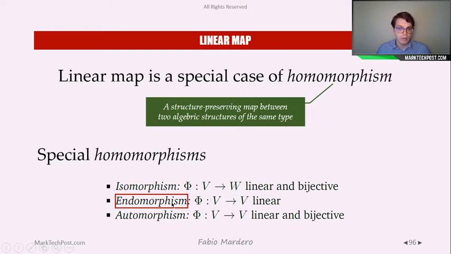In particular, we notice and remember that endomorphisms are functions that go from a given vector space to itself, and of course are linear. Automorphisms are a special case of endomorphism in which the function phi is also bijective.